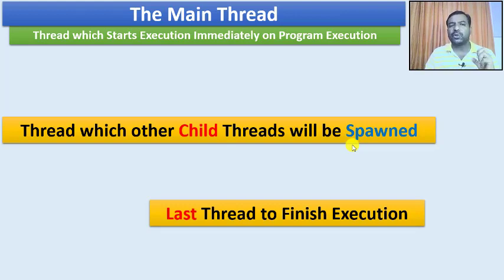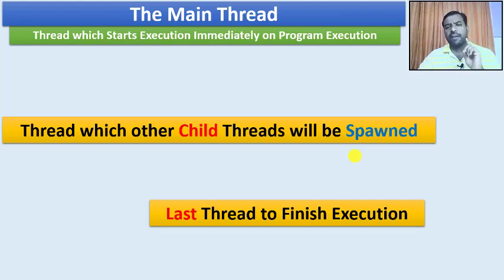This is the last thread to finish the execution. This means I'm making sure that the parent thread as a main thread will be the last thread to exit, and this thread will stay back until all its child threads have completed their execution. This is the importance of the main thread in your Java program when talking about the threading concept.